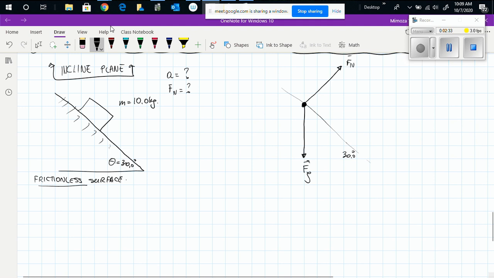We don't have any other forces in this situation, because it is a frictionless surface, and there is no applied force that we can see. We are assuming here that the object will move in this direction. So this will be the direction of motion.